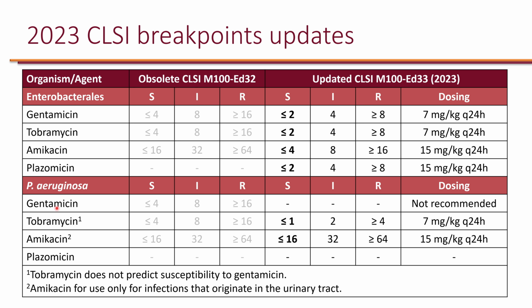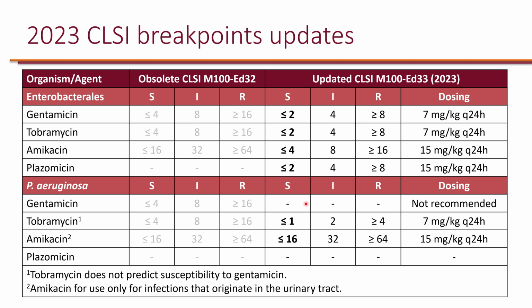Now, with regards to Pseudomonas aeruginosa, previously, we had susceptibility breakpoints for gentamicin, tobramycin, and amikacin. What happened in 2023 is that, given the distribution of MICs among Pseudomonas isolates and the PK/PD of gentamicin, it is no longer considered active against Pseudomonas.